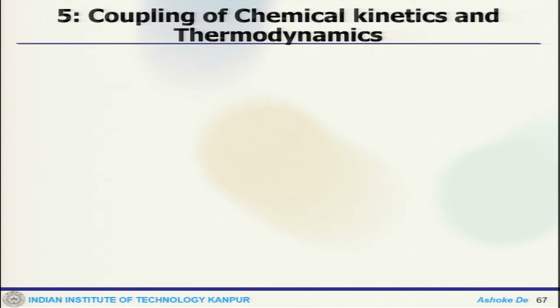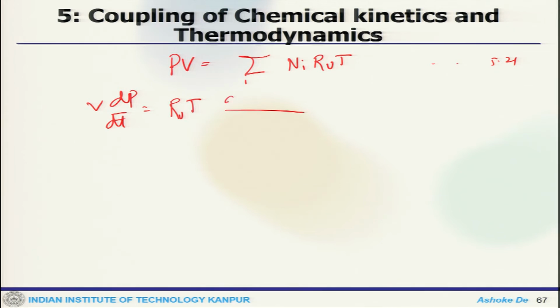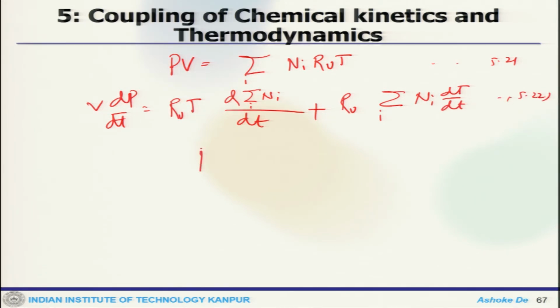Now, to get dP by dt, again we will start using the ideal gas law, which is PV equals summation over I Ni RUT, and we get dP by dt equals RT d summation over I by dt, and P is for all the species, RUT.